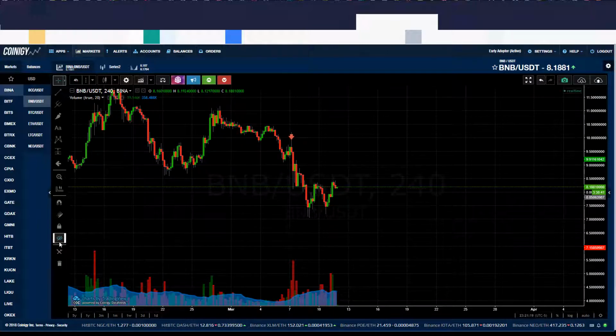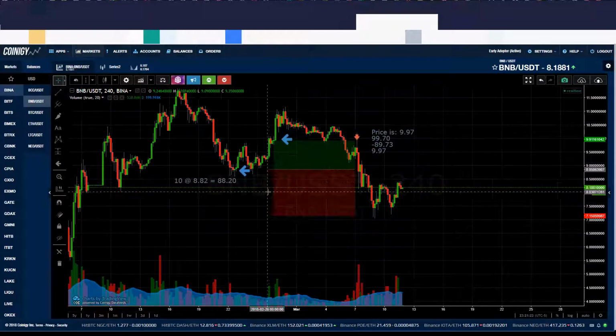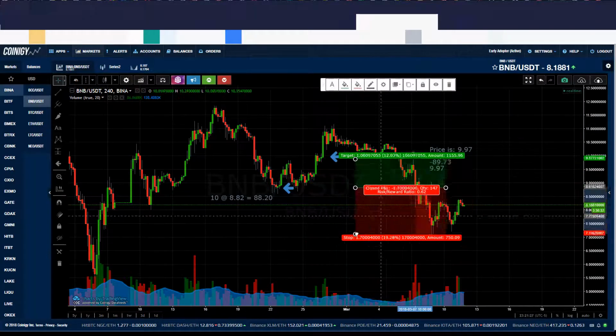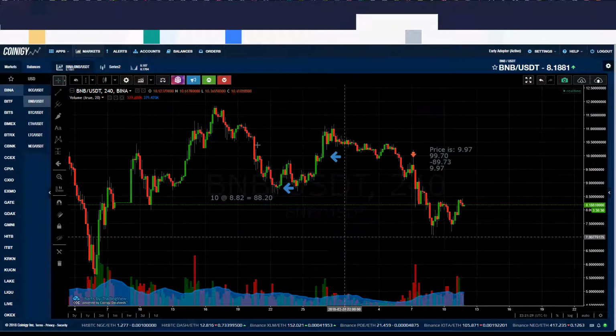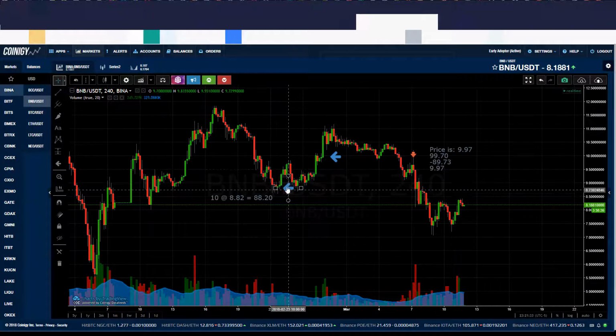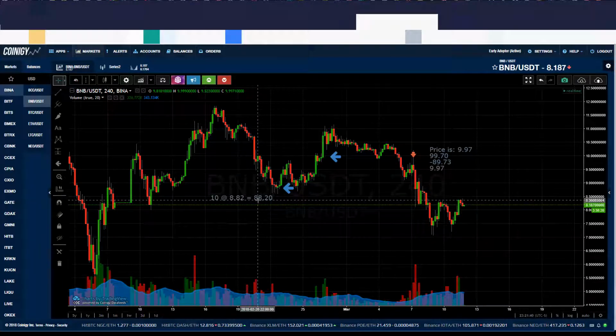I did a little bit of math here just so you can see it. If we go to this actual entry here, let's say that here you would have bought 10 BNB coins at $8.82. You'd be spending $88.20, right?